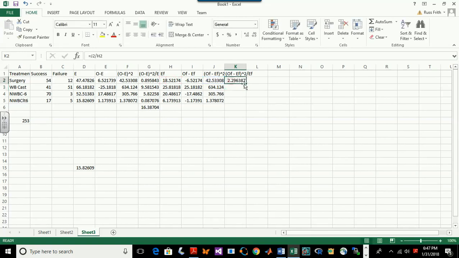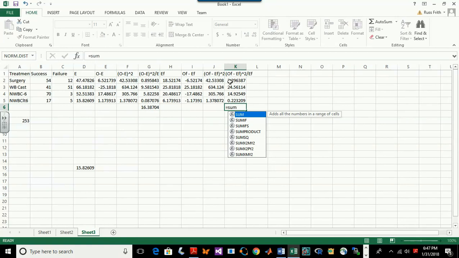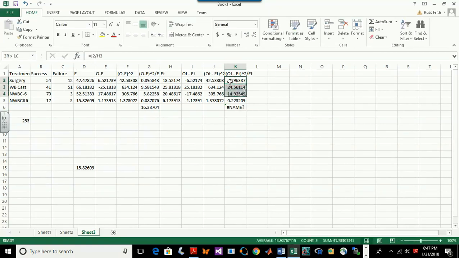We do all that, and that seems okay. So now we sum up the failure column. This would equal the sum of these numbers, and we get 42.